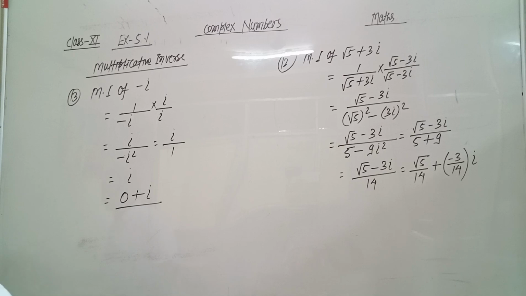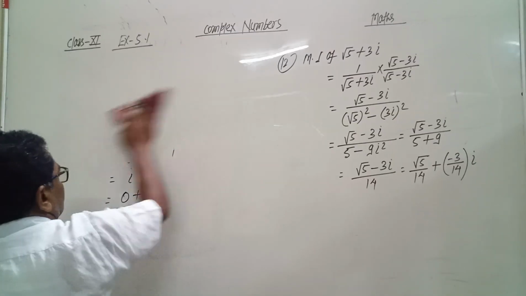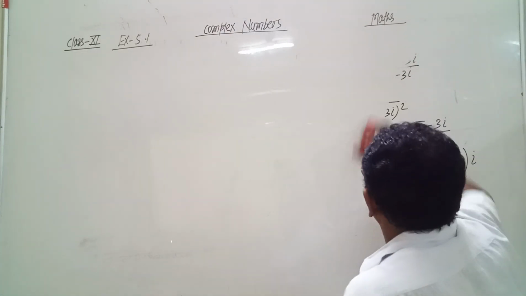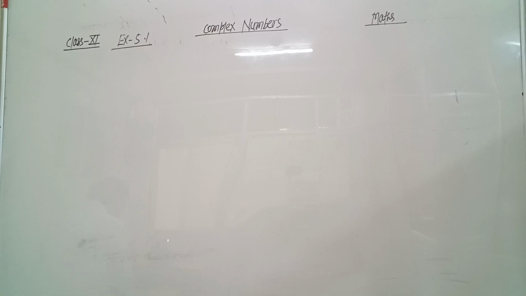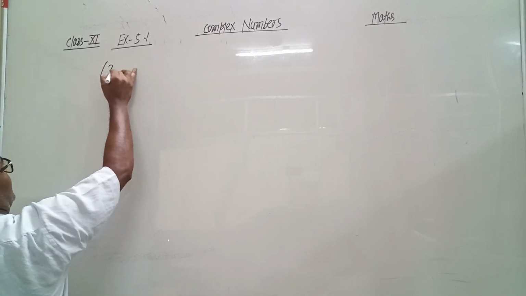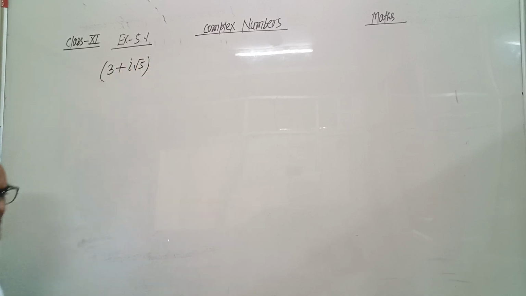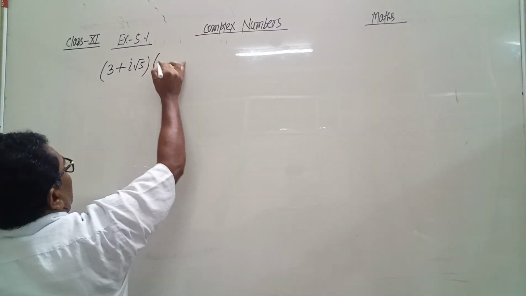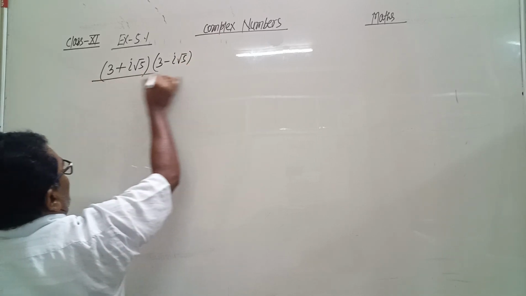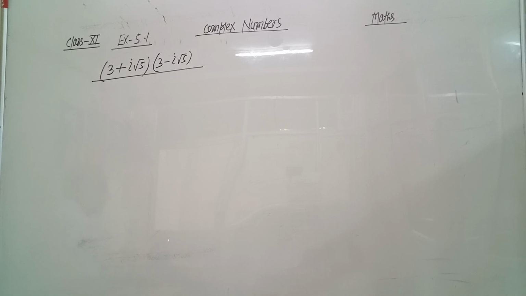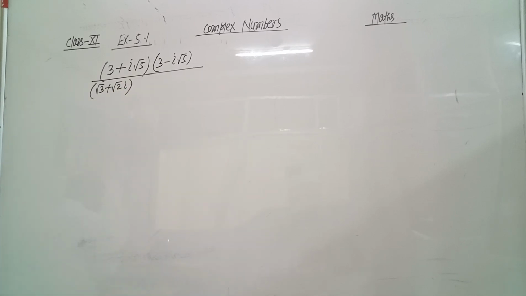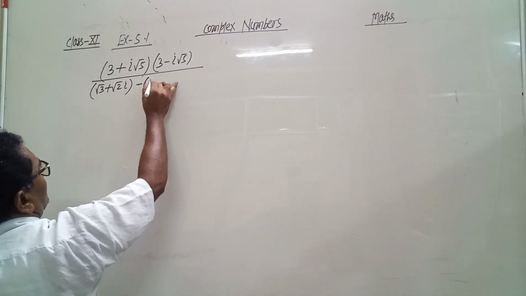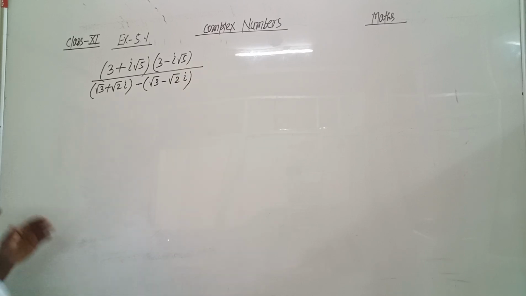Now the last question, expressed in the form of a plus iota b. 3 plus iota root 5 and 3 minus iota root 5, upon root 3 plus root 2 iota minus root 3 minus root 2 iota.